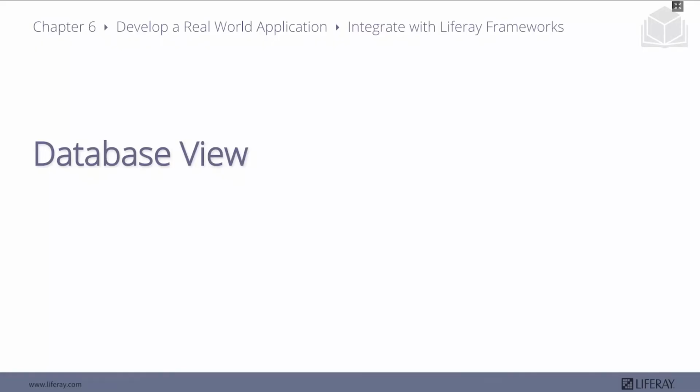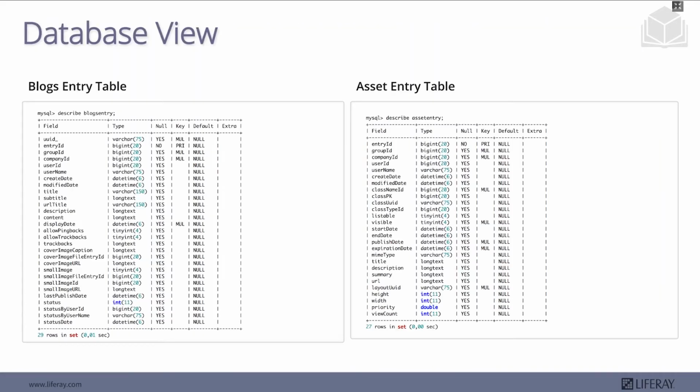So what does this look like over in the database? If we open up two separate tables here, on the left we have the blogs entry, on the right we have our specific asset. You're going to see a couple of fields match up, right? On the left, you might see company ID, you might see group ID.